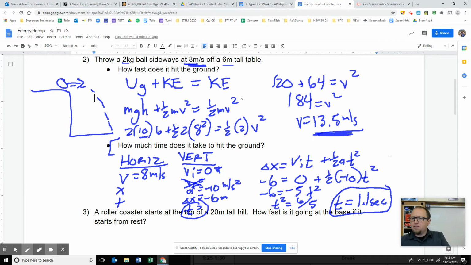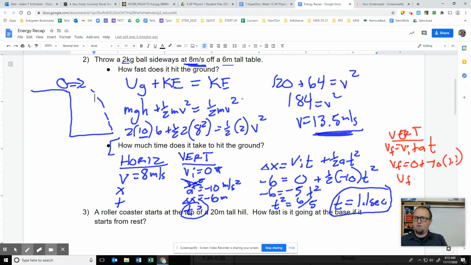This is bonus. Please do not think this is absolutely necessary, but I want to just drive something home. If I do the first equation, v final equals v initial plus at, I'm just going to look at the vertical here, only the vertical. So v final equals v initial plus -10 times 1.1.